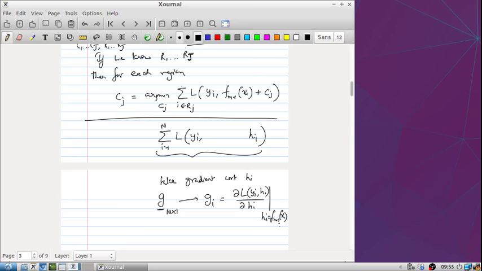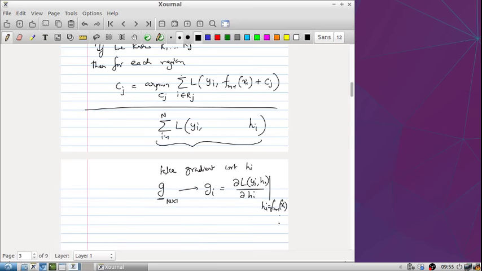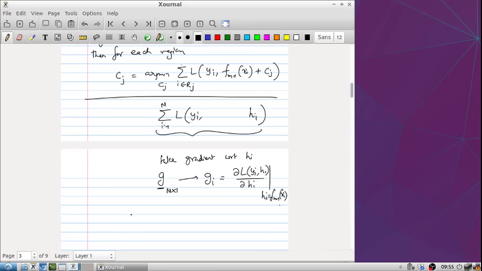So once I get this gradient vector, my update is going to be: the new h, h t plus 1, as a vector, is equal to h t.